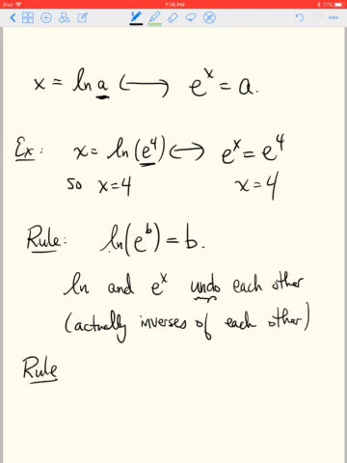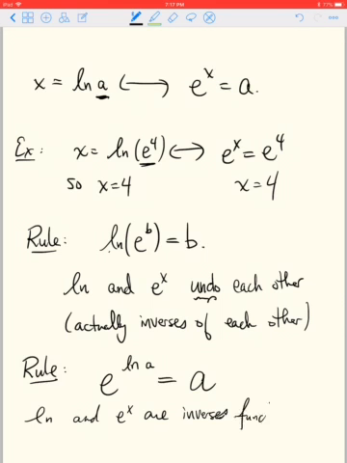So that's one rule, that if we take natural log of e to the b, we get b. And actually a similar rule is that if we do e to the natural log of a, we just get back a. Right? And this is the same reason that natural log and e to the x are inverse functions.